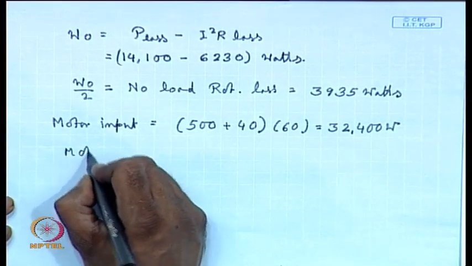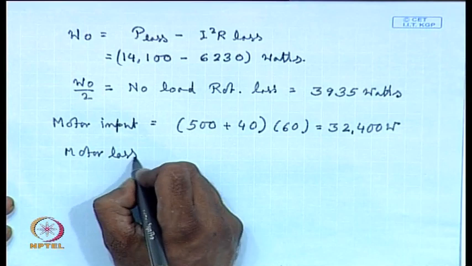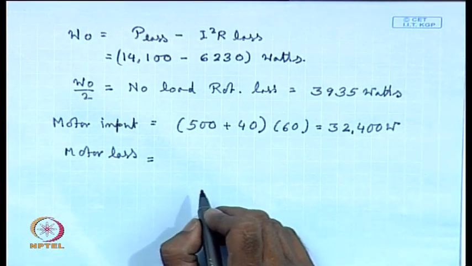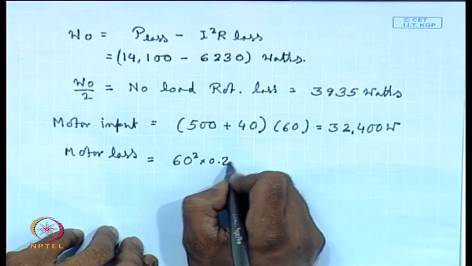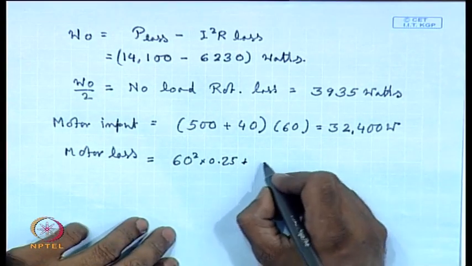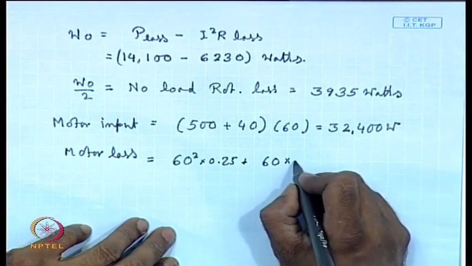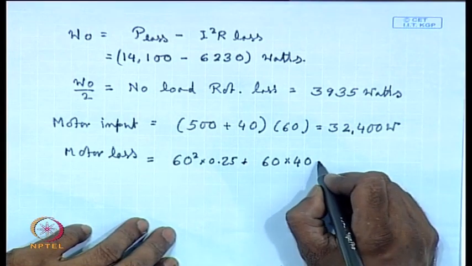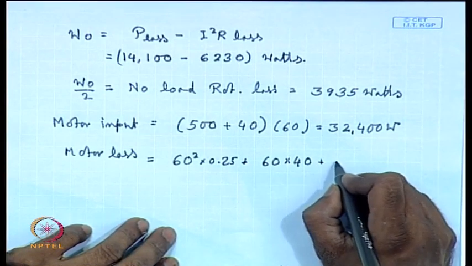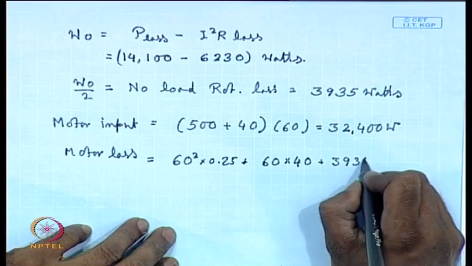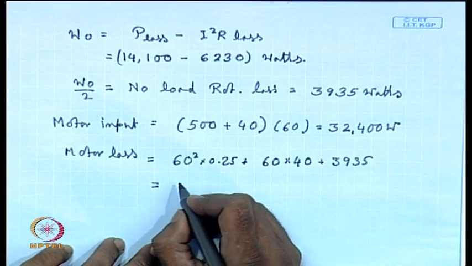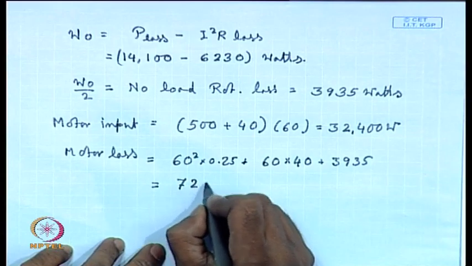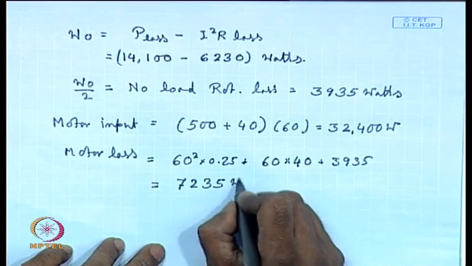Motor loss equal to armature circuit loss plus field circuit loss, ohmic loss, plus no load rotational losses, comes to 7235 watts.